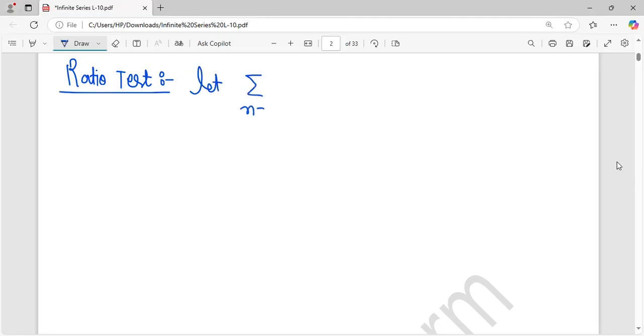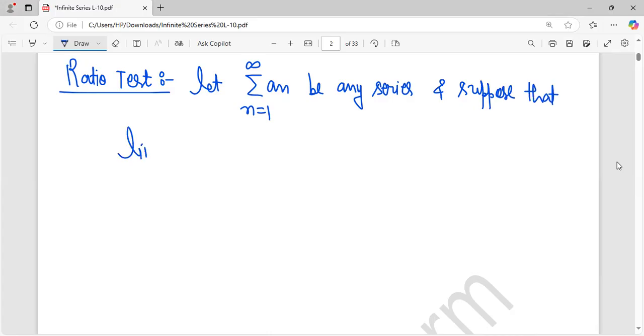Let the summation n goes from 1 to infinity of a n be any series, and suppose that the limit as n tends to infinity of the nth root of the absolute value of the nth term a n is equal to rho.